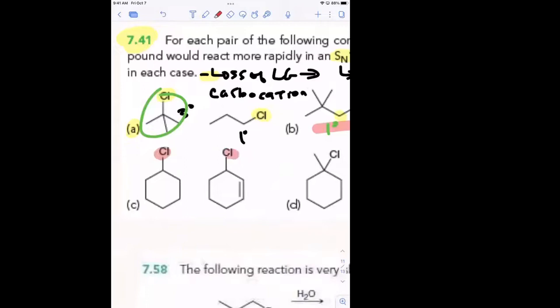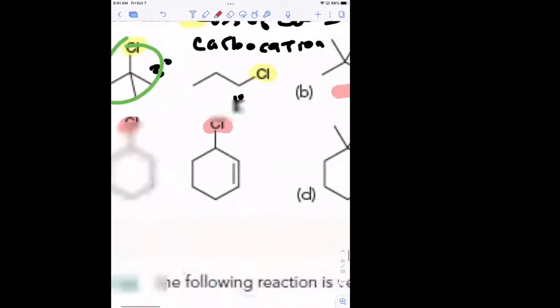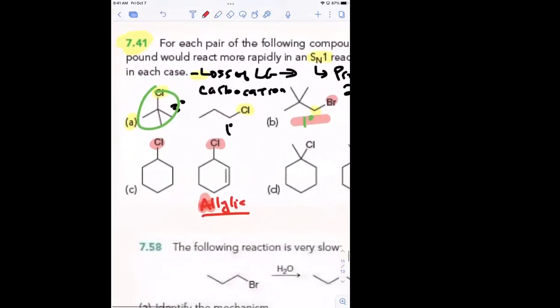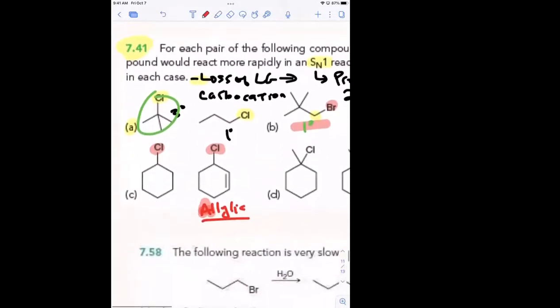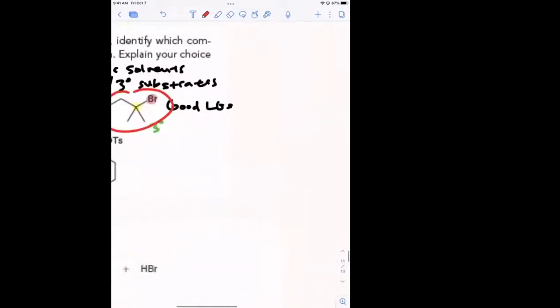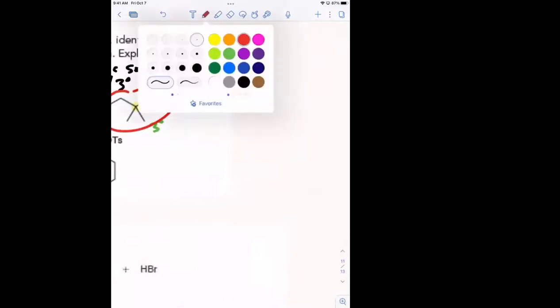Same leaving group. This one is allylic. All right, and let me give you some room to write. I'll just put it over here.